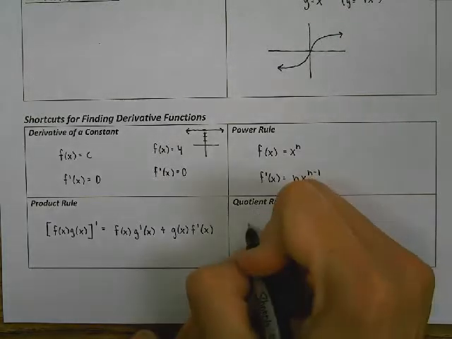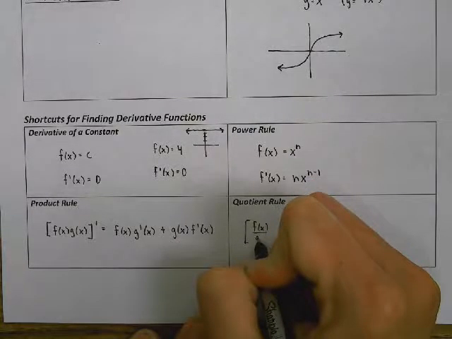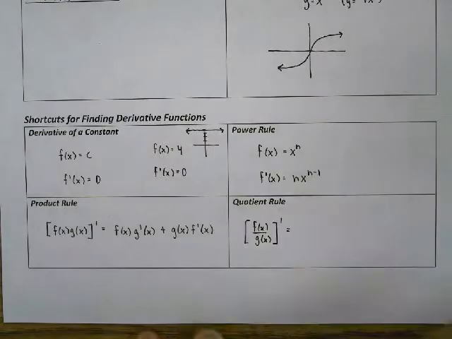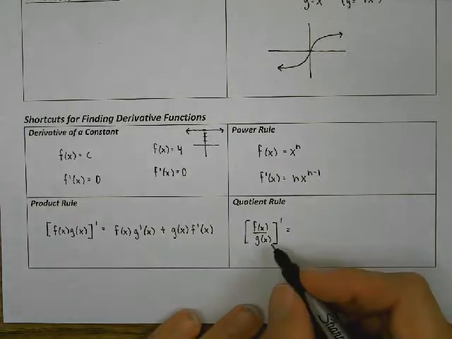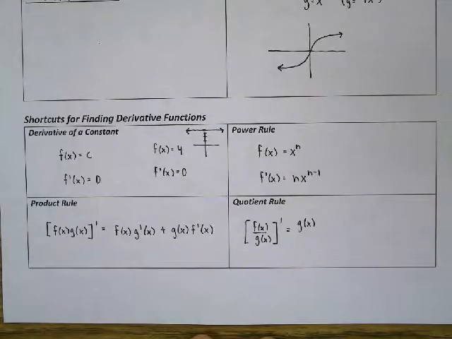And the last rule we have is our quotient rule. So now if I want to find the derivative of the quotient of f of x and g of x, again, this is where I've used the phrase low d high minus high d low over low squared. So our low is just our function in the denominator.